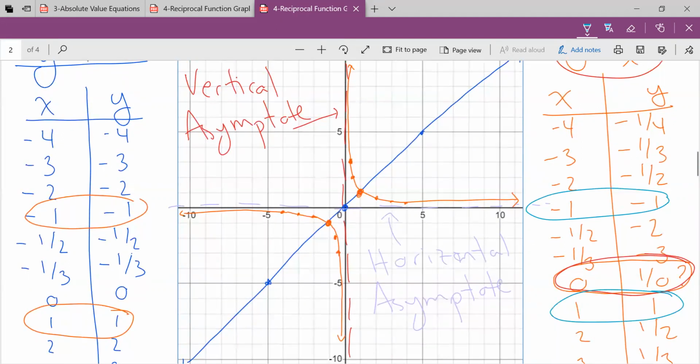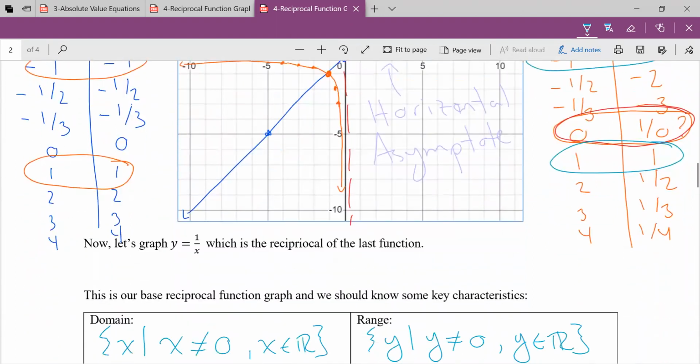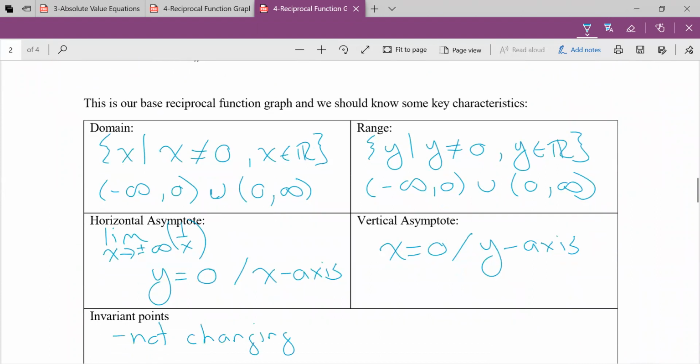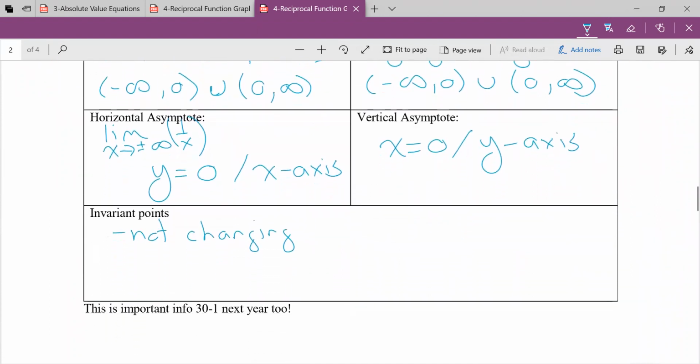So these points don't change when we transformed into our new function. The points that don't change are when y is equal to 1 or when y is equal to -1. So our original invariant points are (1, 1) and (-1, -1).